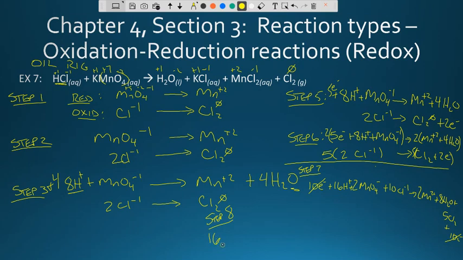Step 8, I have 16 hydrogen ions. I have 2 of my permanganates. I have 10 of my chlorides. I have 2 of my manganese ions. I have 8 waters. And I have 5 chlorine gases.